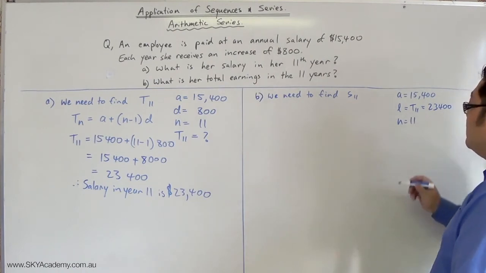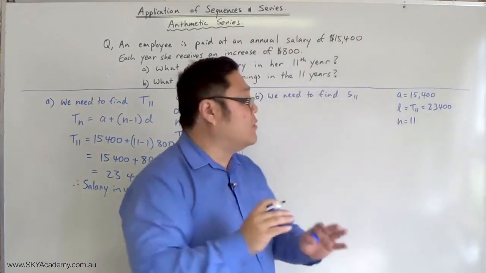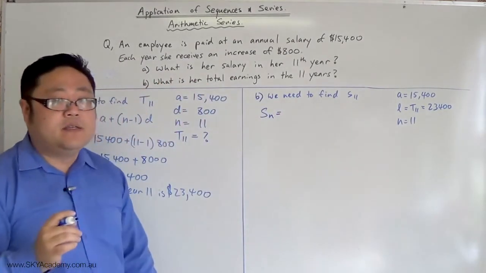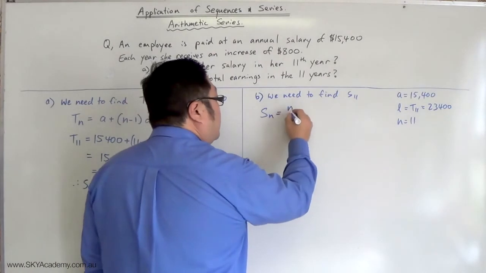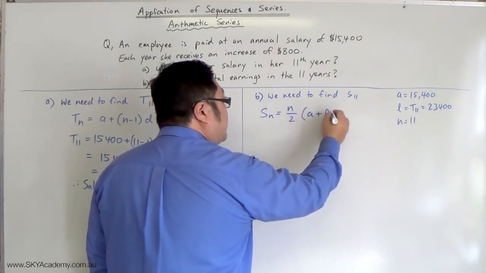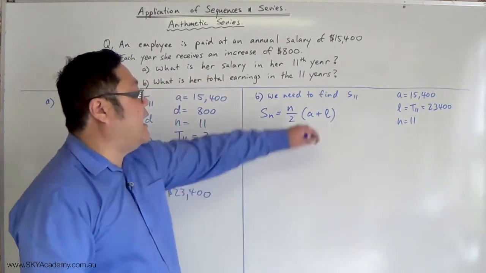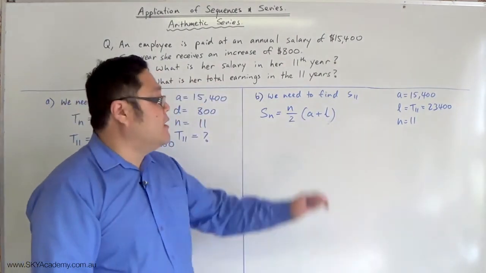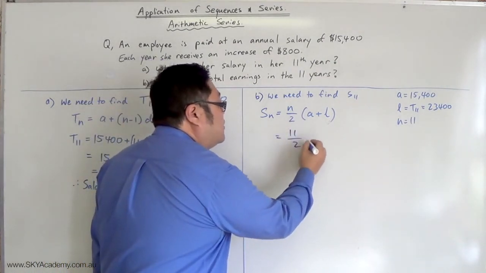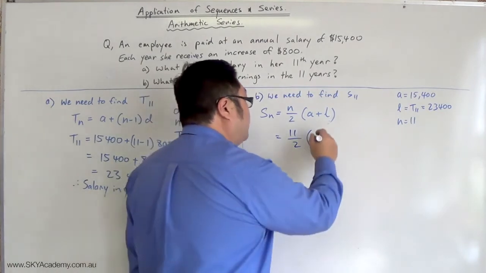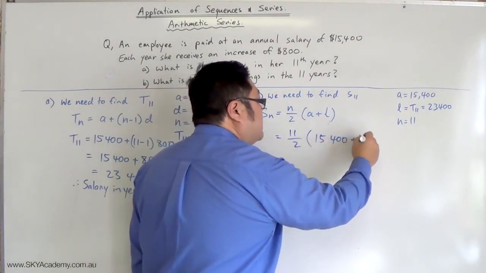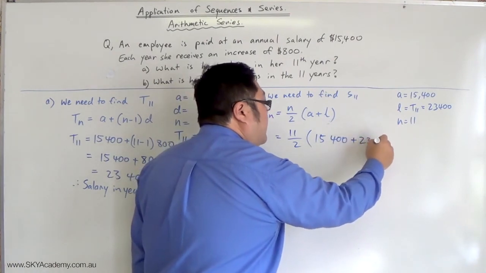I think that's all we need, because the sum of an arithmetic series will be the number of years over 2 times your first plus your last value. That's an l, by the way, a plus l. So what we've got is 11 over 2 outside of 15,400 plus 23,400.